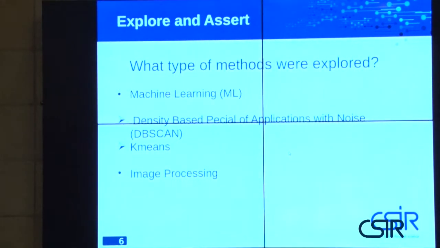So what types of methods did we explore? We tried to find a simple way in which we could break it down, and came up with two ways: a machine learning perspective and a deep learning perspective. The machine learning perspective would use the FITS format and cluster the particles of interest.